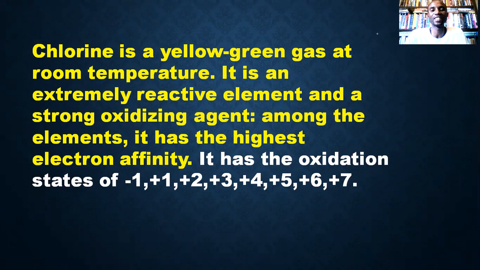Chlorine is a yellowish-green gas at normal room temperature, and it is an extremely reactive element and a strong oxidizing agent. Among the elements, it has the highest electron affinity. So chlorine is extremely reactive.